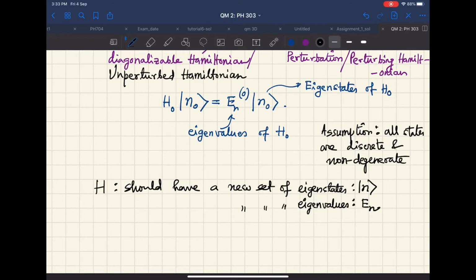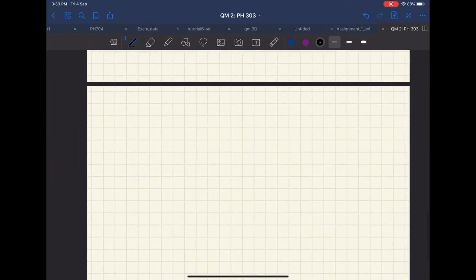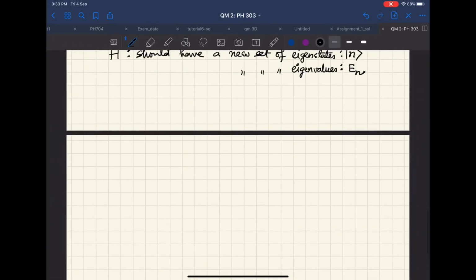Now if the perturbing Hamiltonian is small, then these eigenstates and eigenvalues would be very close to the unperturbed states and eigenvalues.